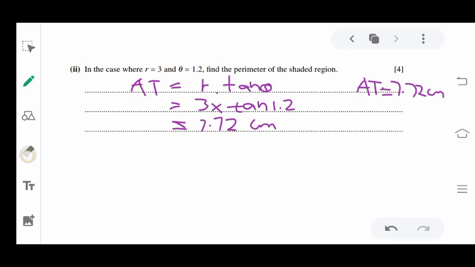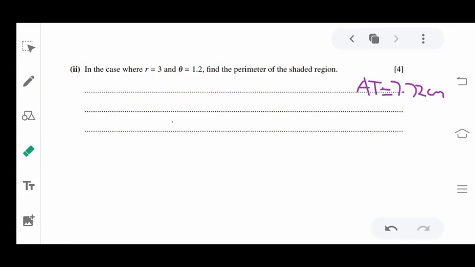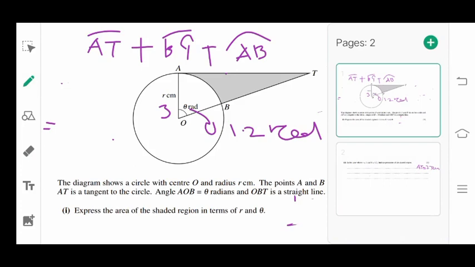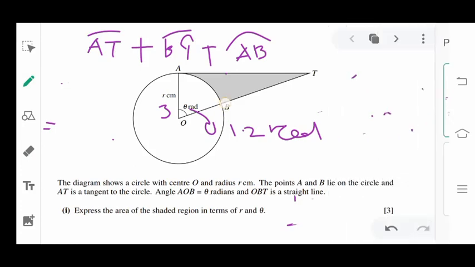Okay, now our task is to find the next length. Which is the next length? The length BT. We have to find the length BT. Okay, so how can we find out length BT?